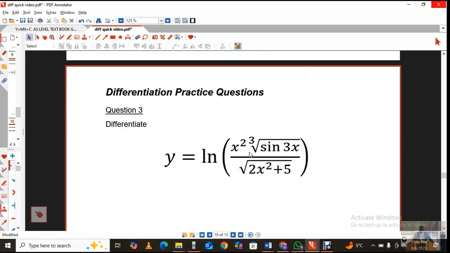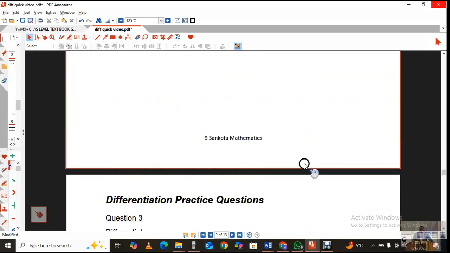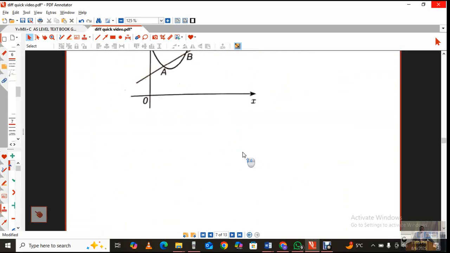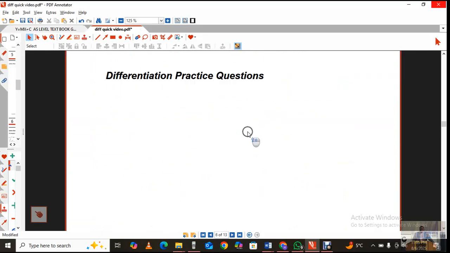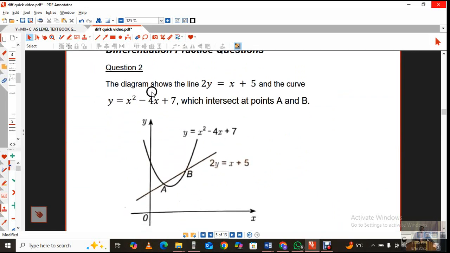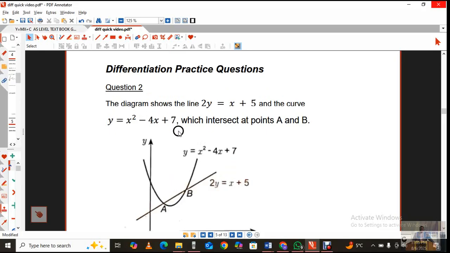Quite complex, but we are going to do quite a lot of cleanup of algebra, so you can see how that one is done. And then there's a question that deals with finding the angle between a tangent and a line.